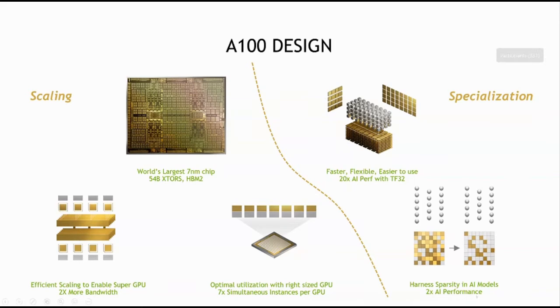One is the scaling part, and the second is the specialization part. The specialization part comes in when you want to train these deep neural networks efficiently using the tensor core operation, as well as exploit the sparsity inside these architectures.